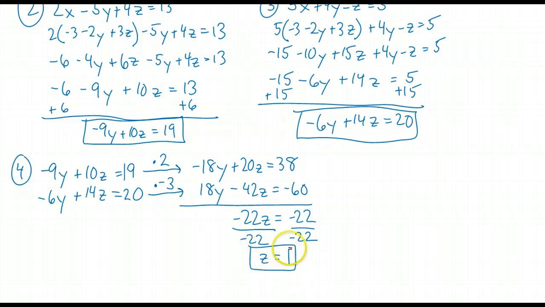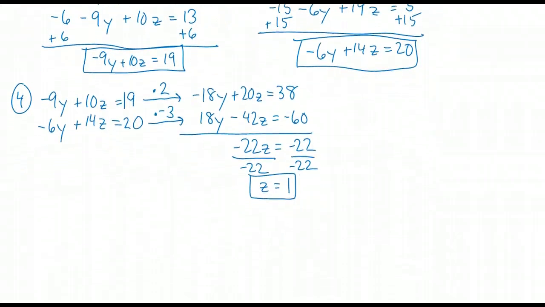So now that I know z is 1, I can solve for y. I have two equations that have just a z and a y in them. I'm going to use one of those two equations, plug z in, to get my y. So I'm just going to pick this first equation here. Negative 9y plus 10z has to equal 19.